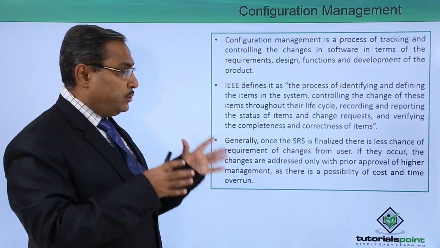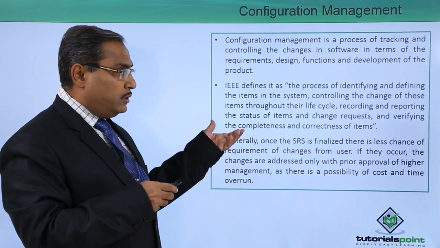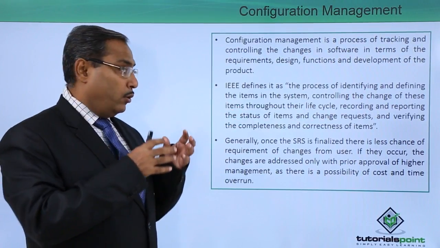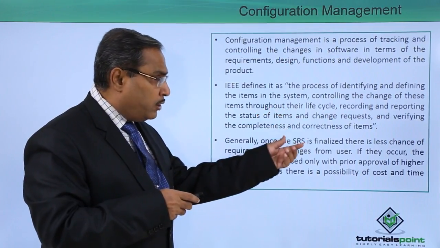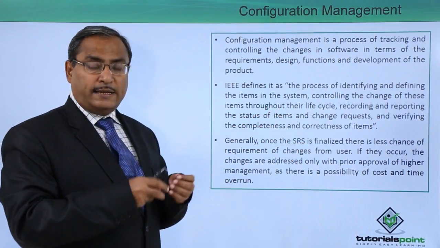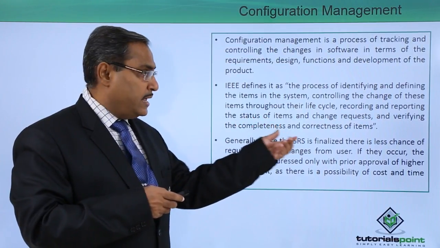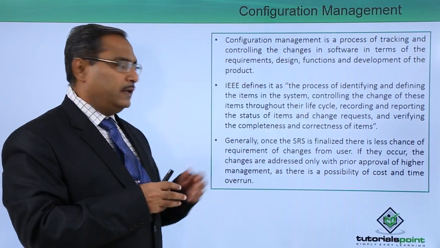So that is the actual definition of configuration management. It will control the change of these items and their respective life cycles, and record and report the status of the items.